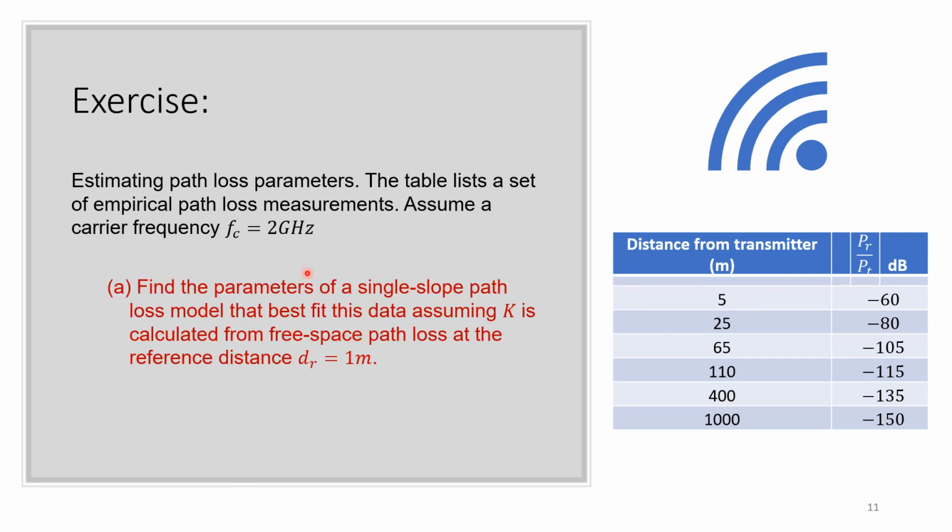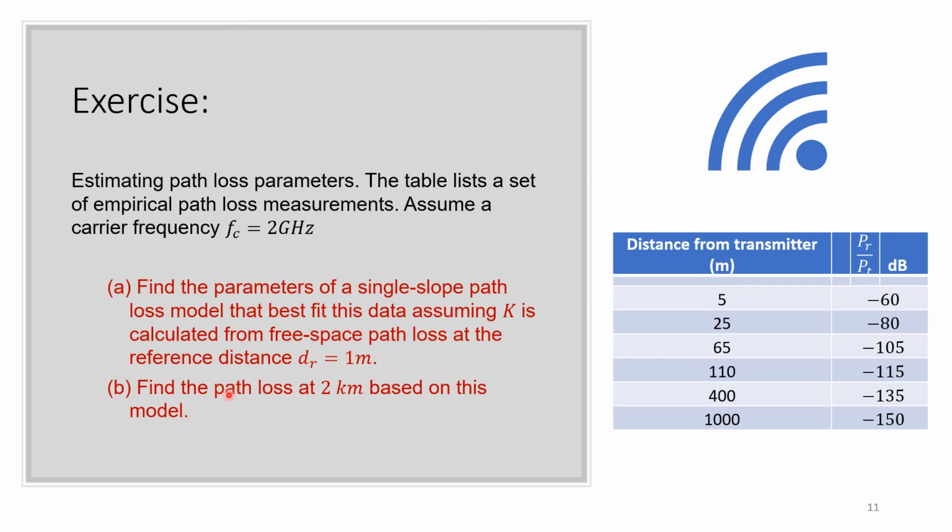Now what you have to do is first find the parameters of a single slope path loss model. It's a line, so you need to define two things, K and gamma, that best fit this data, assuming K is calculated from free space path loss at a reference distance of 1 meter. So you can get back to your equations. We need to fit a line to this. You can assume minimum mean square error.